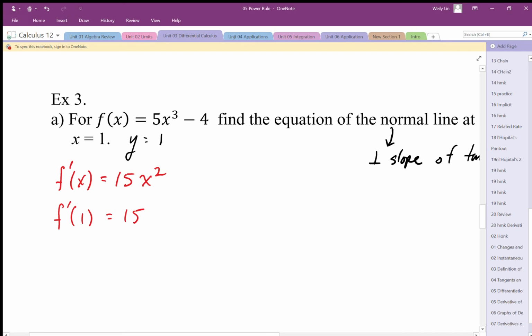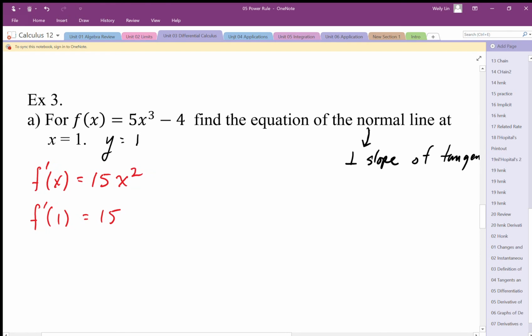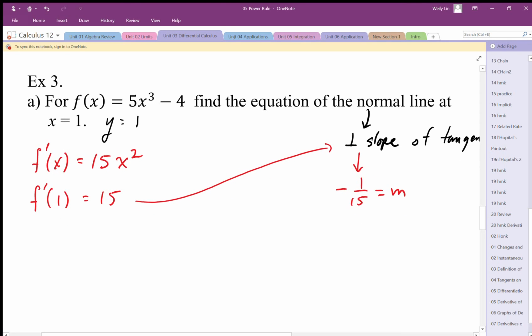Well, that's the tangent slope. So I want the perpendicular slope. So if I want the perpendicular slope, I have to convert that into its negative reciprocal. And there's my perpendicular slope. So I have all the pieces I need. I've got my x and y equation.